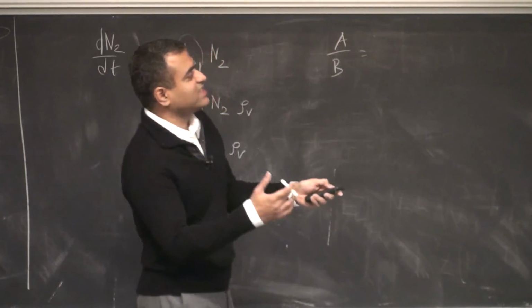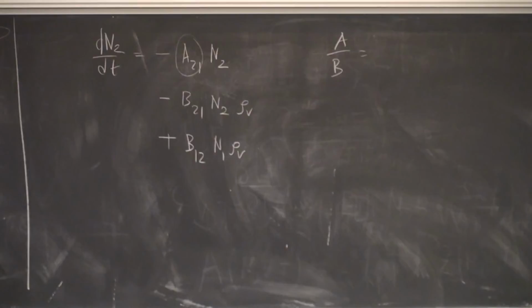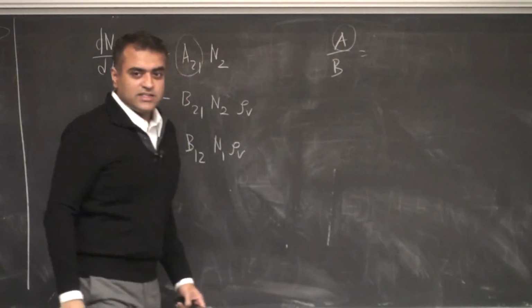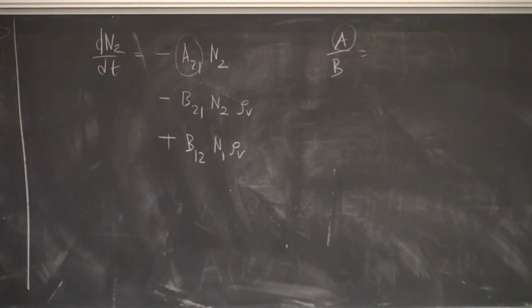I'll just show that in a classical electromagnetic theory, not classical mechanics, but classical electromagnetic theory. But the A coefficient is extremely difficult to get by quantum mechanics till you go into what's called quantum electrodynamics, where the electromagnetic field has to be also quantized, not just the atoms.